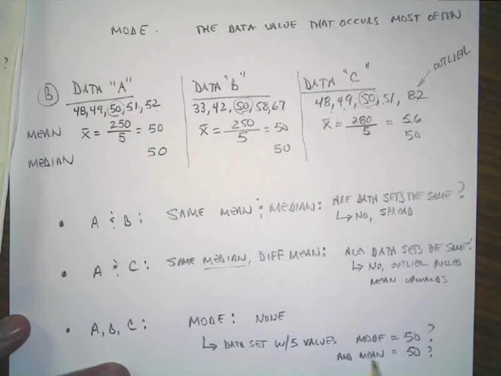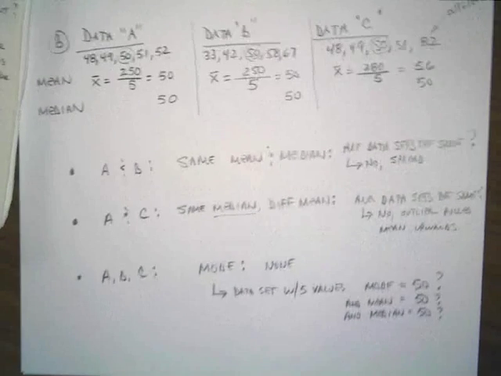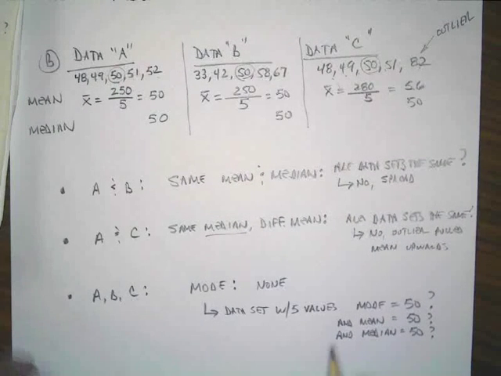Maybe even further, could you have the mode equal to 50, the mean equal to 50, and the median equal to 50? Can you do it? All right. This is what I think.